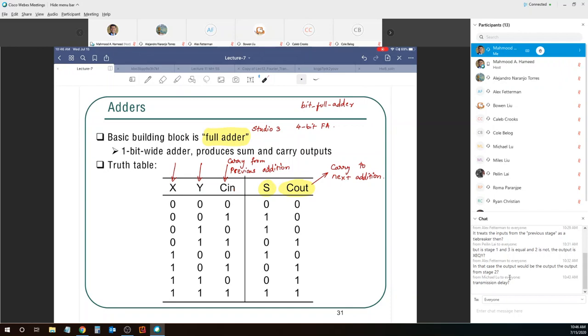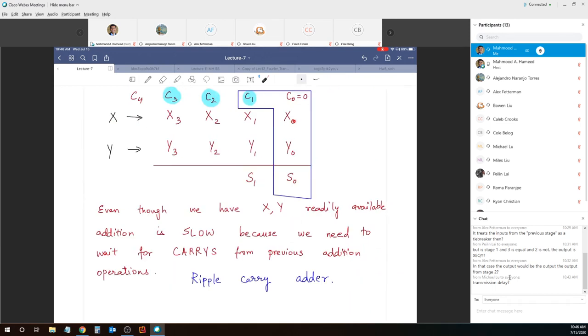So I'm going to start writing this using the index of the bit position, just as I did with x0, y0, x1, y1. For Cout and Cin, what should I use? For Cout, I will call that C sub i plus 1, indicating that it is the output to the next bit position.